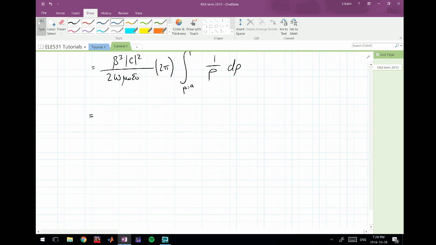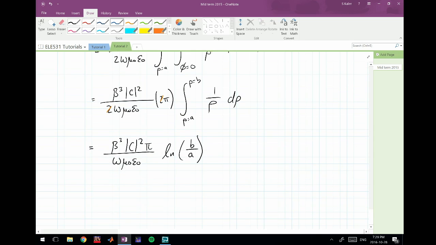So this becomes beta cubed magnitude c squared, well our 2's are going to cancel, so let's not carry those. Omega mu naught epsilon naught, this pi comes in here, and then I get ln of b over a, and the units of this thing should be watts.